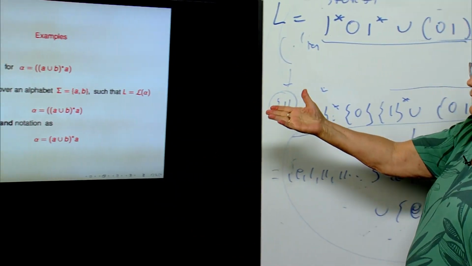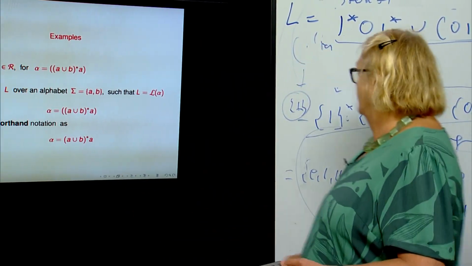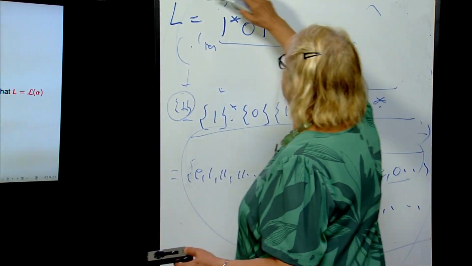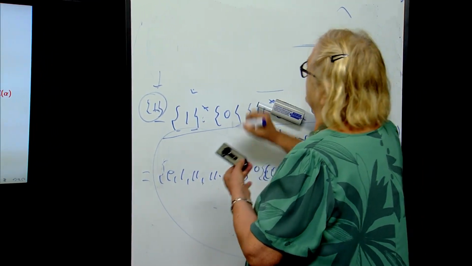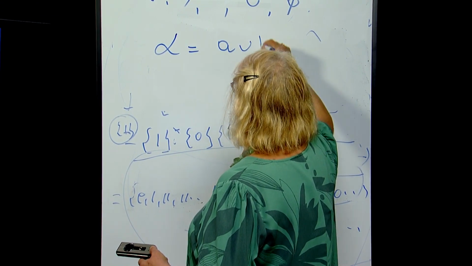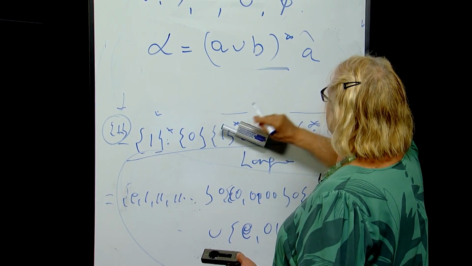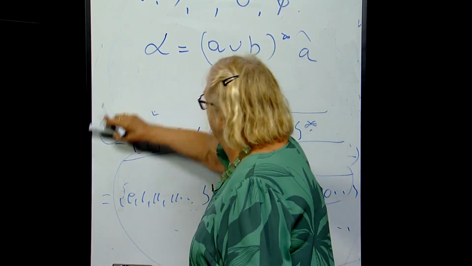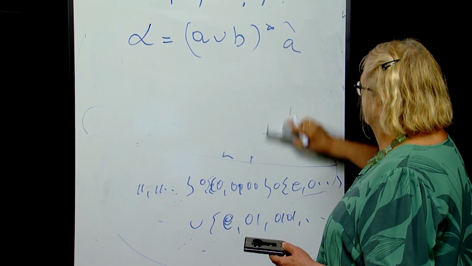And now you can ask, what is the language represented by that expression? So let's say now I have my regular expression A, B, star, A. And what would be the language represented by that?